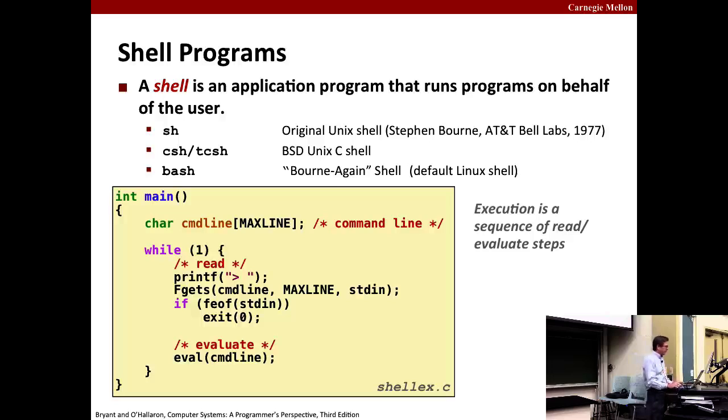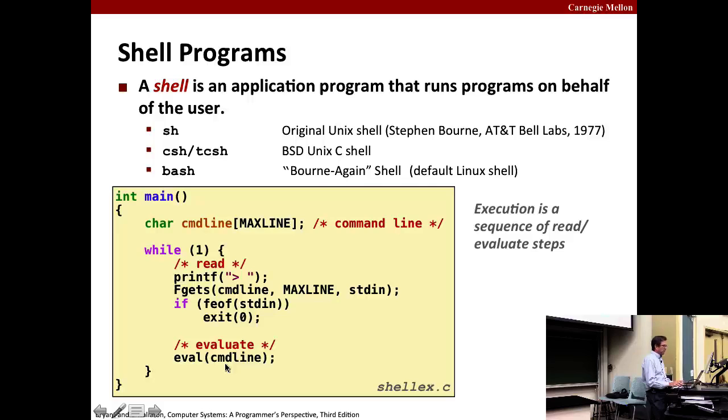Once you hit return, the shell checks for the end of file character, which is a control D to a terminal, and if so, it exits. Otherwise, it evaluates that command line. And when it returns from the evaluation, it just does the same thing over and over.